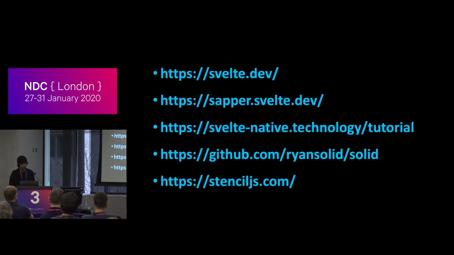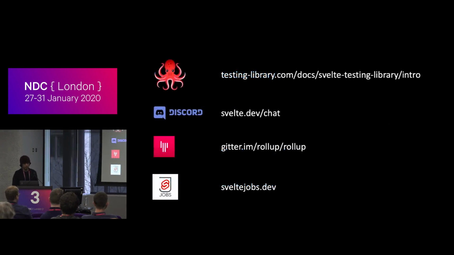References: Svelte, Sapper, Svelte Native, and Solid.js, another JavaScript compiler UI. Stencil, what else? Testing library, Svelte Testing Library for testing your components. Svelte also has a Discord channel if you want to talk to other Svelte developers around the world. You can go to this Discord channel.